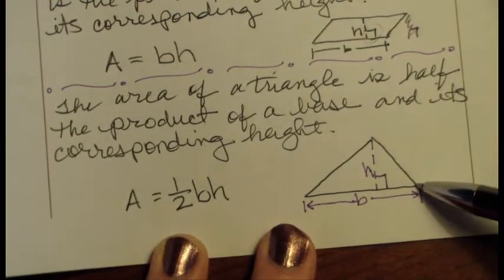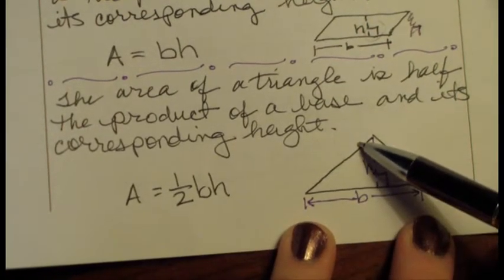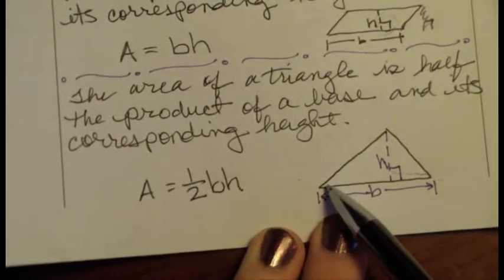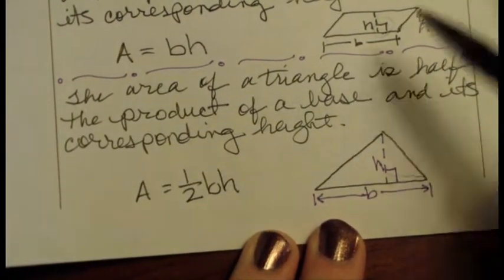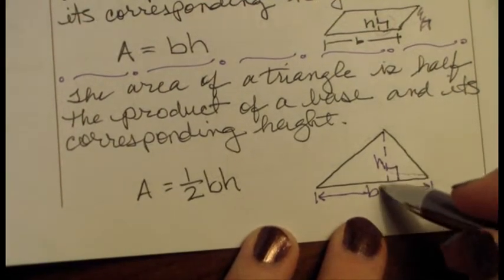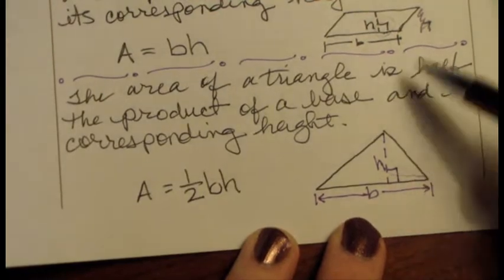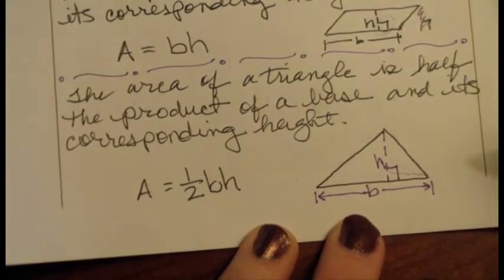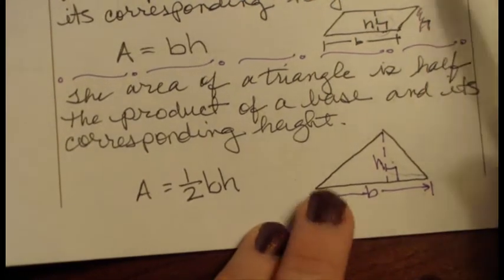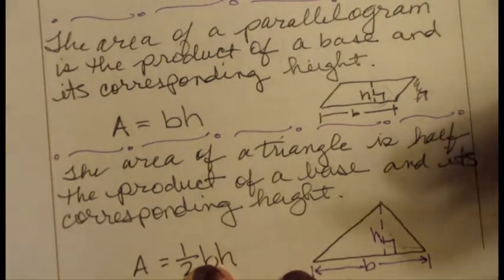We could also have a height dropped from this vertex over here, and that would be our height and our base. Or we could have a height dropped here, and then that would be our base. So again, you're looking for that right angle sign to show you that that's your height. And depending on the triangle, it could be inside the triangle, it could be outside the triangle, just like with a parallelogram.